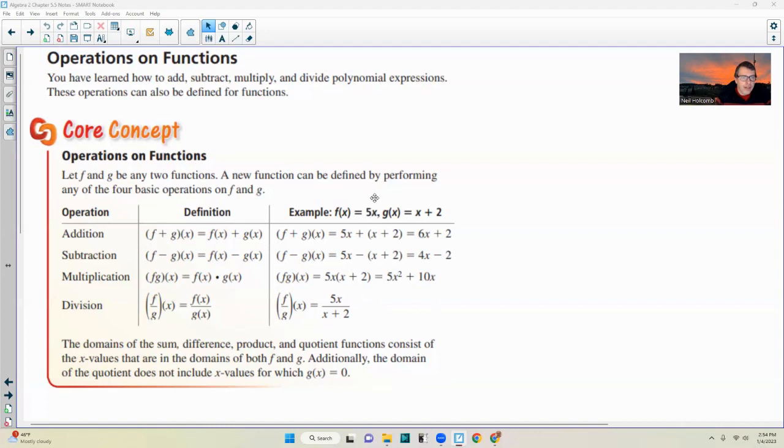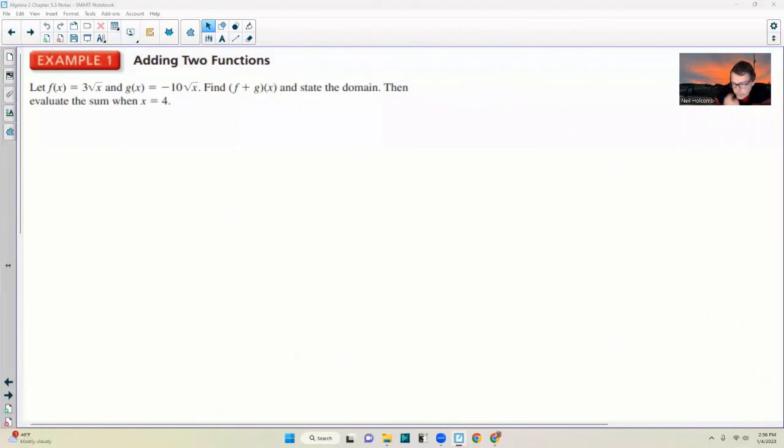Whatever the domain is in f and whatever the domain is in g, they combine to be the domain of the new function, except when dividing. We can't have x equal -2 in this case because you can't divide by 0. Okay, so let's do some examples.